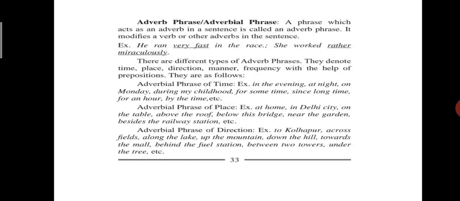First example on page number 34. The boy in the shop is my friend. In the shop is underlined. What is the type of phrase? In the shop, in is a preposition, the shop is a noun, so it is a prepositional phrase. Try to solve the other examples from your textbook.